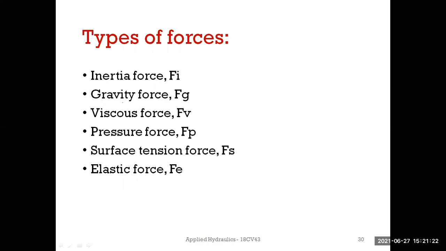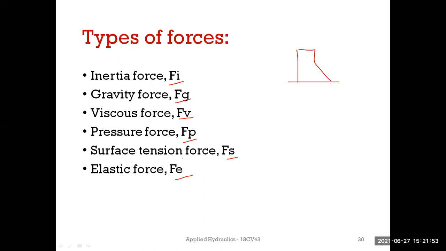On the actual structure there may be a single force or a combination of one or two forces. The inertia force is denoted as Fi, gravity as Fg, viscous force as Fv, pressure force as Fp, surface tension force as Fs, and elastic force as Fe.